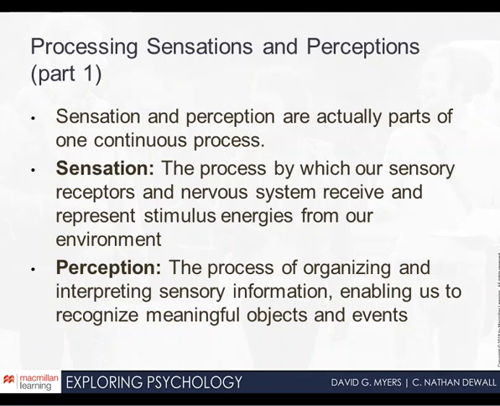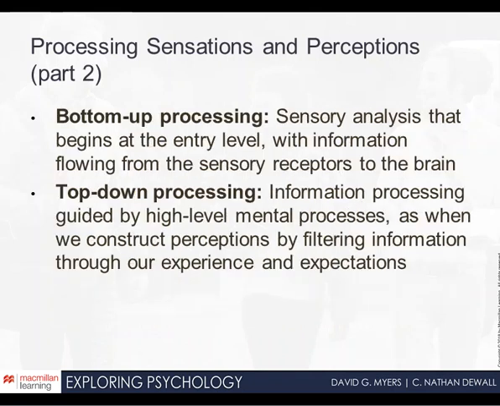So as I stated, we sense the environment around us, we perceive what it means to us as the organism, and then we can respond to it in the appropriate way. There are two ways in which we want to look at this: bottom-up processing and top-down processing. Bottom-up processing is sensory analysis that begins at the entry level with information flowing from the sensory receptors to the brain.